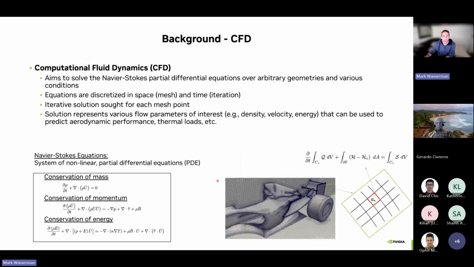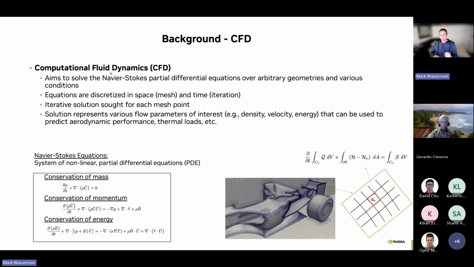So moving on, now that we've seen what it can do, let's see how it's actually accomplished. The basics of CFD is solving the Navier-Stokes partial differential equations. I'm sure all of you have already studied partial differential equations and ordinary differential equations.